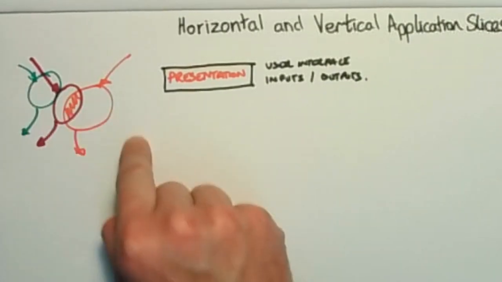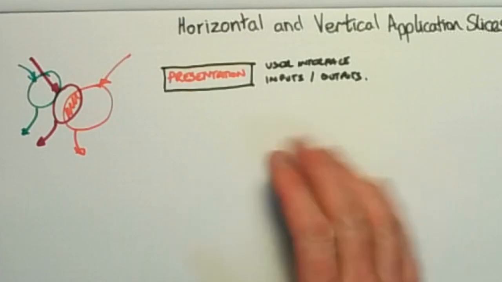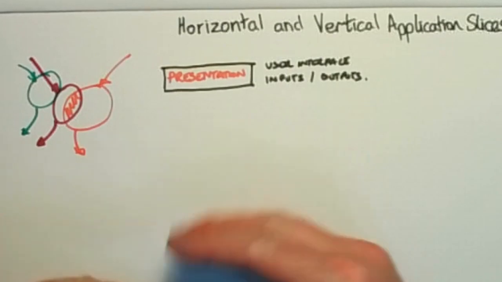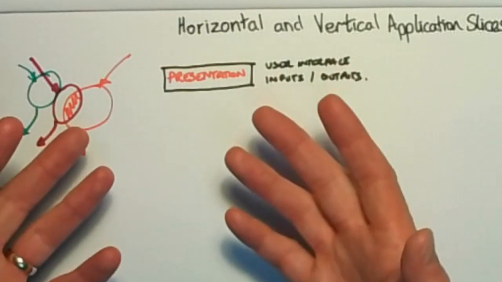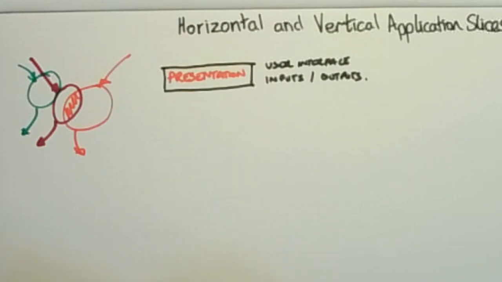Now, most of what you've probably written in here is what we call the business logic. It's the bit that takes your input, understands what's happening with it, changes it, performs some logic on it, and then does your output.